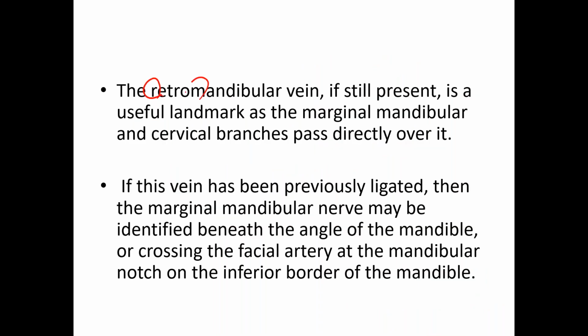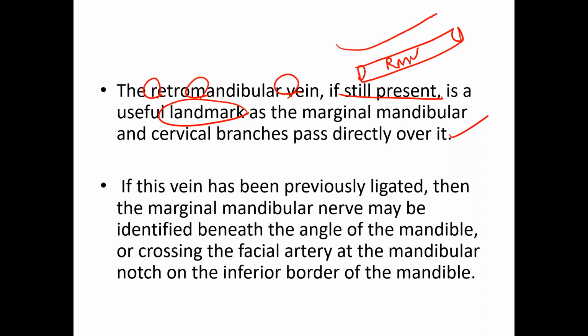Sometimes the retromandibular vein, if it is still present, is a useful landmark: the marginal mandibular and cervical branches pass directly over it. This is the retromandibular vein, and above it pass the marginal mandibular and cervicofacial branches of the facial nerve.